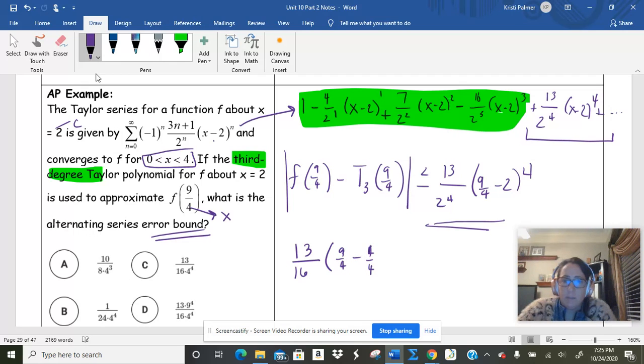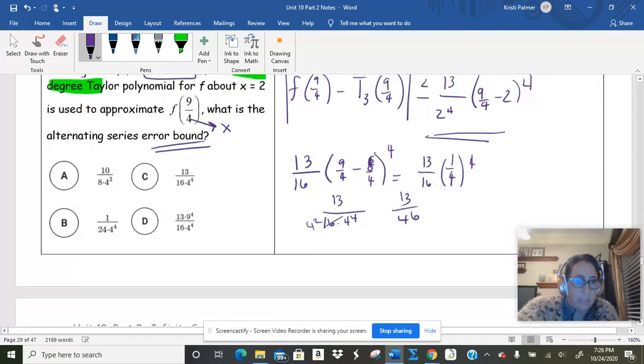So 4 times 2 is 8. So that's 1/4. Well, that's not as bad. So 13 over 16 times 1/4 to the 4th. So that would be like 13 over 16 times 4 to the 4, and that was 4 squared, right? So that's 13 over 4 to the 6.